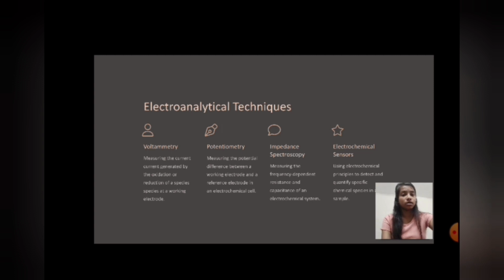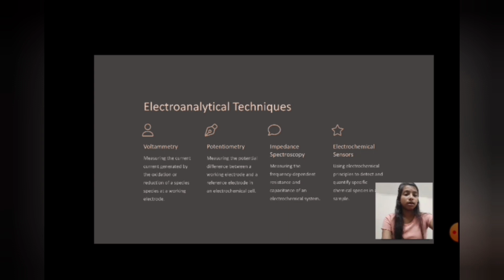Electroanalytical techniques. Voltammetry, measuring the current generated by the oxidation or reduction of a species at a working electrode. Potentiometry, measuring the potential difference between a working electrode and a reference electrode in an electrochemical cell.